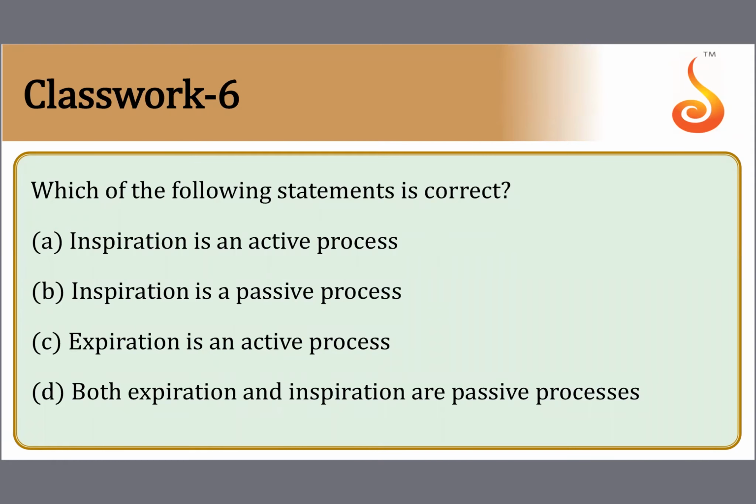The correct answer here is inspiration is an active process. Why is inspiration an active process? Because it involves muscle contraction. Whichever process involves muscle contraction, all of you please remember, muscle contraction consumes energy. It consumes energy in the form of ATP.